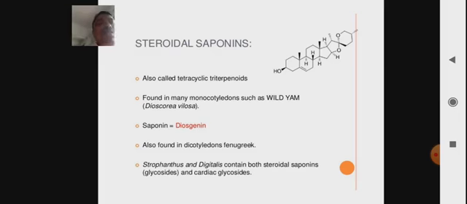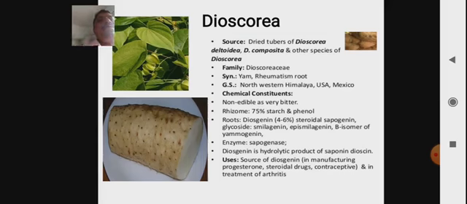Strophanthus and digitalis contain both steroidal saponin and cardiac glycoside. Here we want to focus only on examples of steroidal saponins and triterpenoidal saponins. Then Dioscorea.